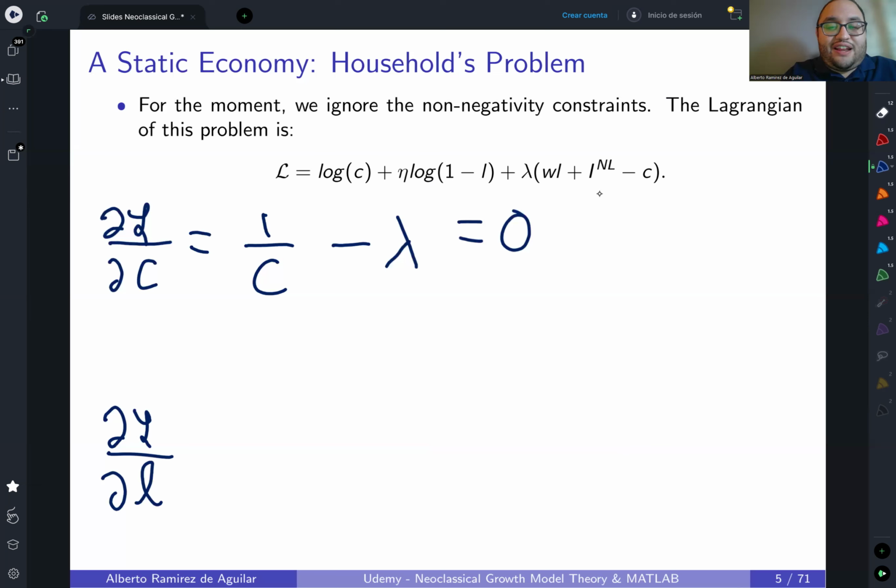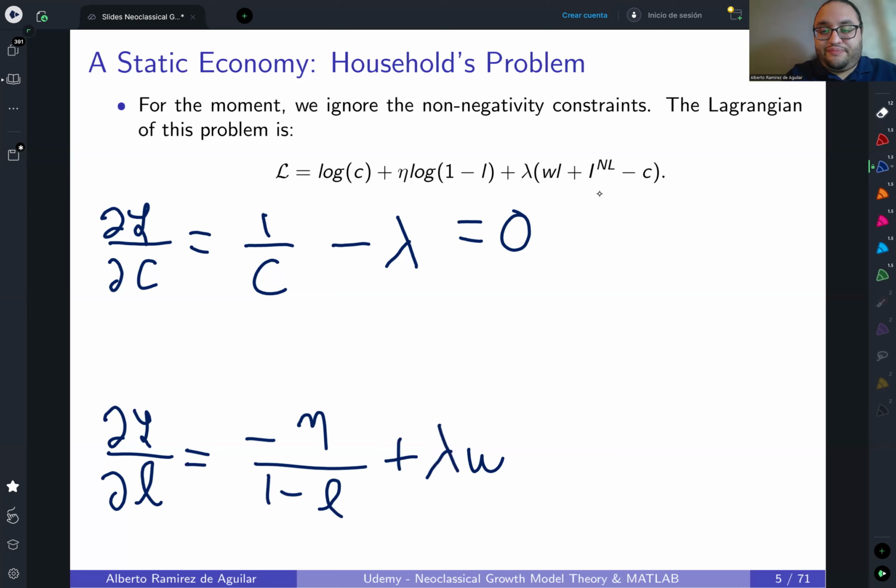And the derivative of the Lagrangian with respect to labor is 0, then minus eta over 1 minus L. And the derivative of this part with respect to L is plus lambda W. So these are the two derivatives of the household's problem with respect to consumption and labor.